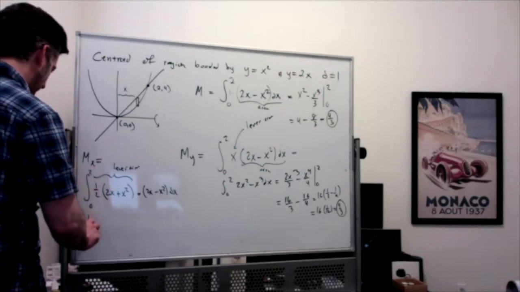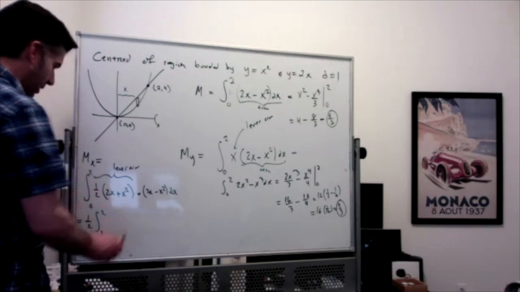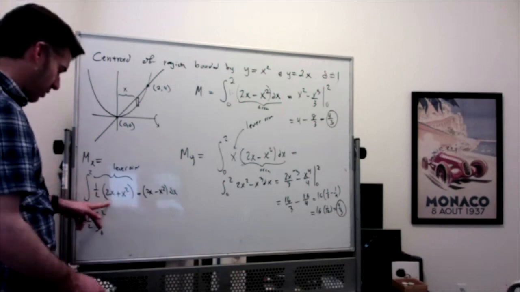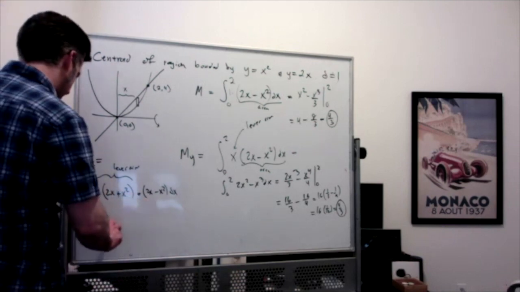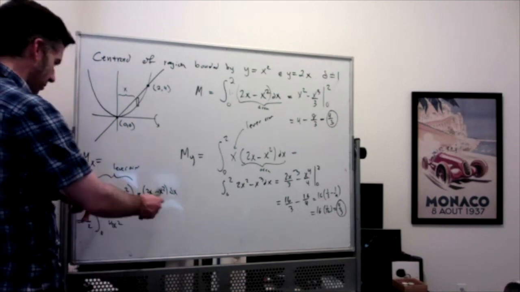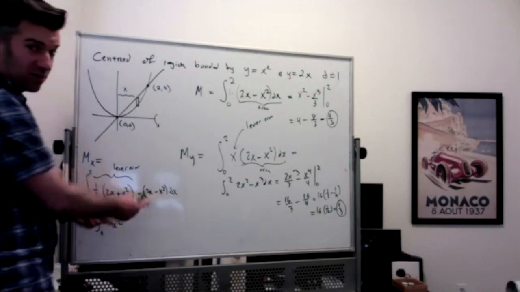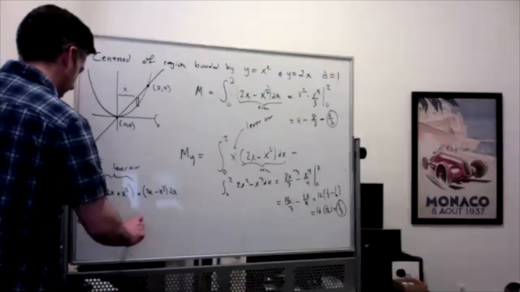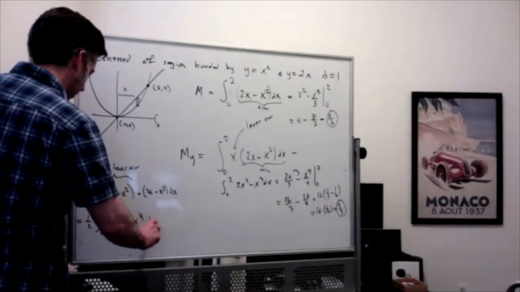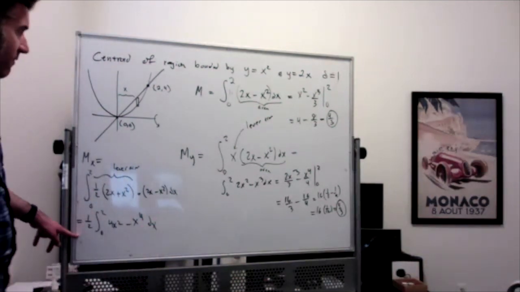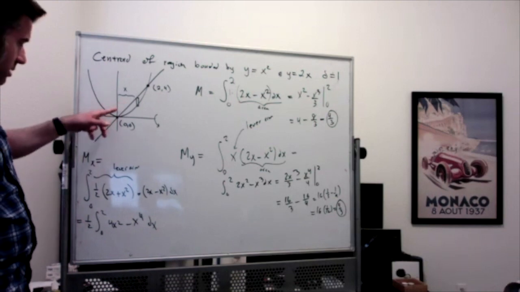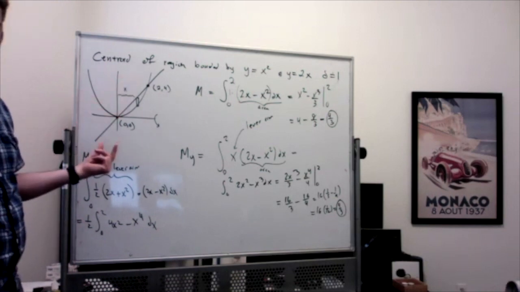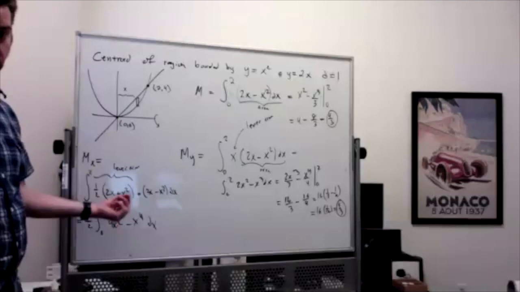Factor out the 1/2. If we multiply this out, we get 2x times 2x, which is 4x squared. You're going to get minus 2x cubed plus 2x cubed, which cancels out. And then plus x squared times minus x squared, which is minus x to the 4th. So I really want to point out, this is 1/2 times the top thing squared, 2x quantity squared, minus the bottom thing squared, x squared quantity squared.